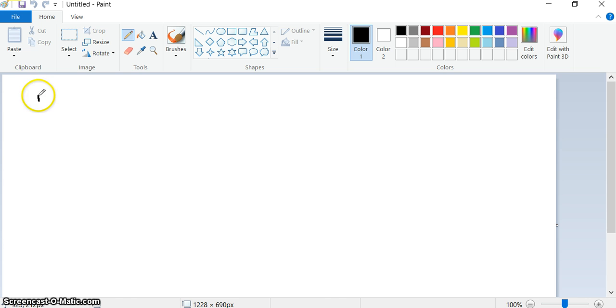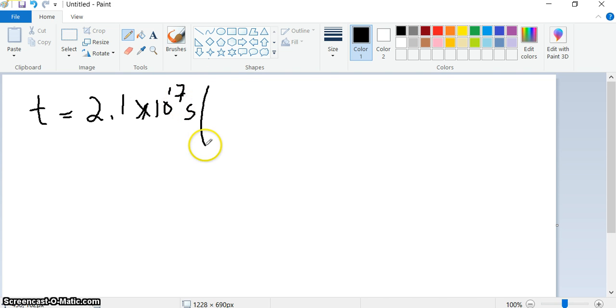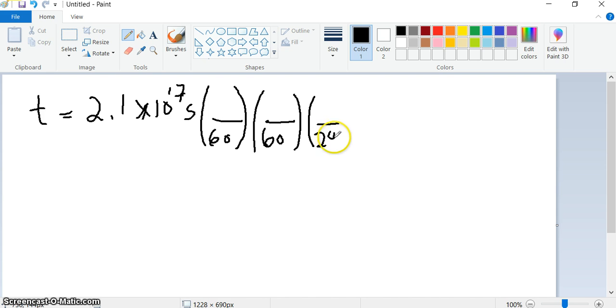So the time, just as a reminder, is 2.1 times 10 to the 17th seconds. And so what we do is we say, there are of course 60 seconds in 1 minute, 60 minutes in 1 hour, 24 hours in 1 day, and then approximately 365 days in a year.